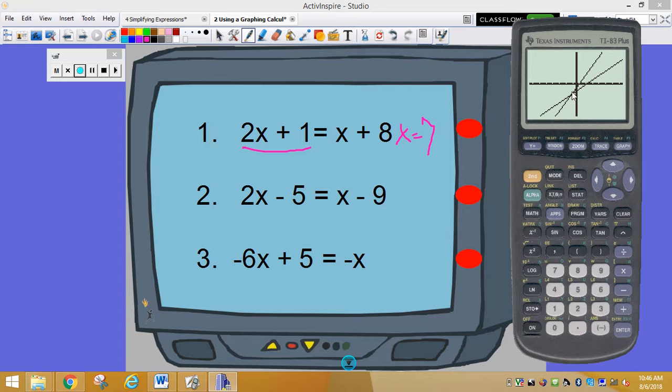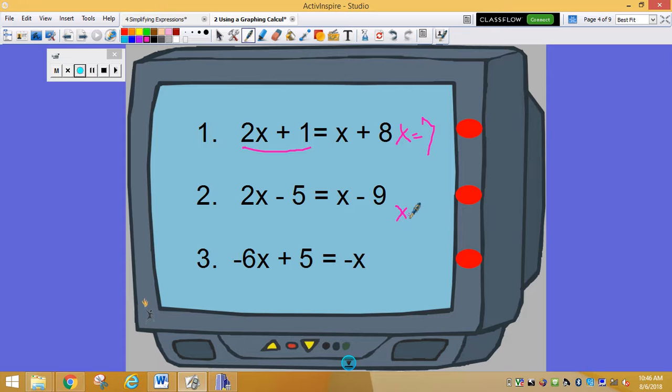All right, I can see their intersection. They cross right there. So let's just figure it out. Second, trace. I want the intersection. 5. Enter 3 times. 1, 2, 3. X is -4.